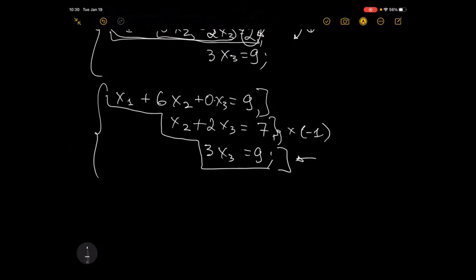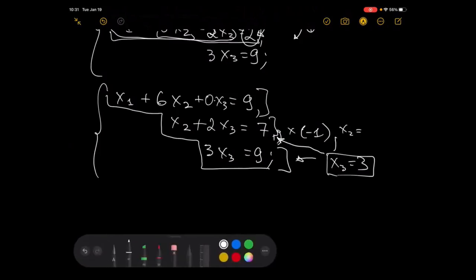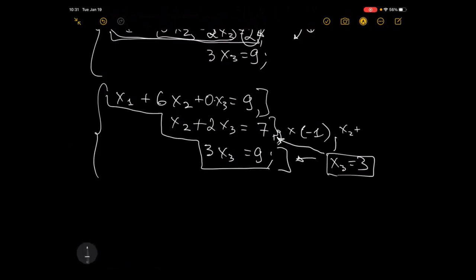Because from this equation, I can immediately write that x3 equals 3, right? Then I substitute it into this equation, and I will get x2 plus 2x3, 6, equals 7, right? Clear?